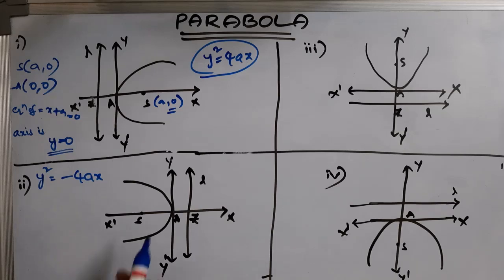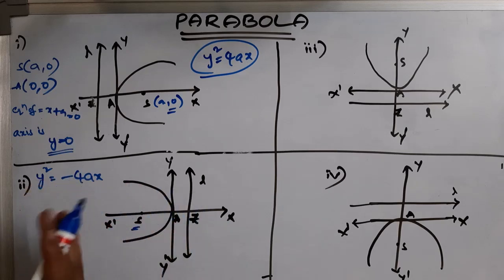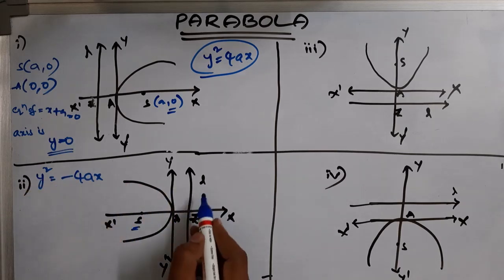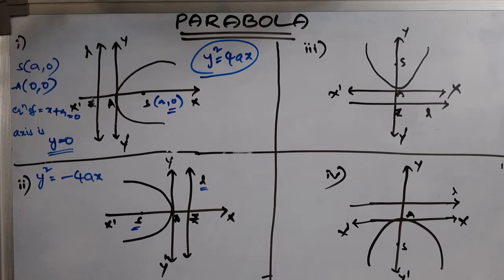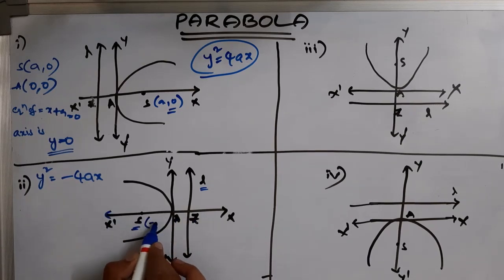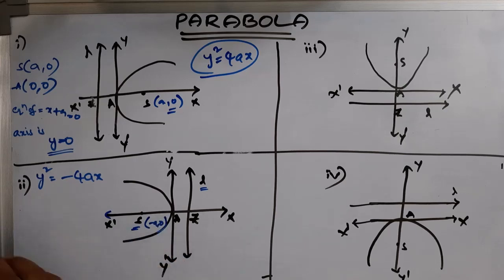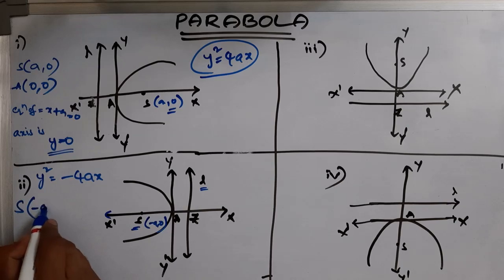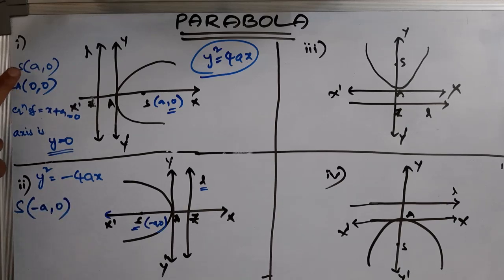Here the focus lies on the left side, on the negative side of the directrix L, and it always lies on the x-axis, so the y coordinate is 0. So focus is minus a comma 0. Here it was a comma 0 and here it is minus a comma 0.